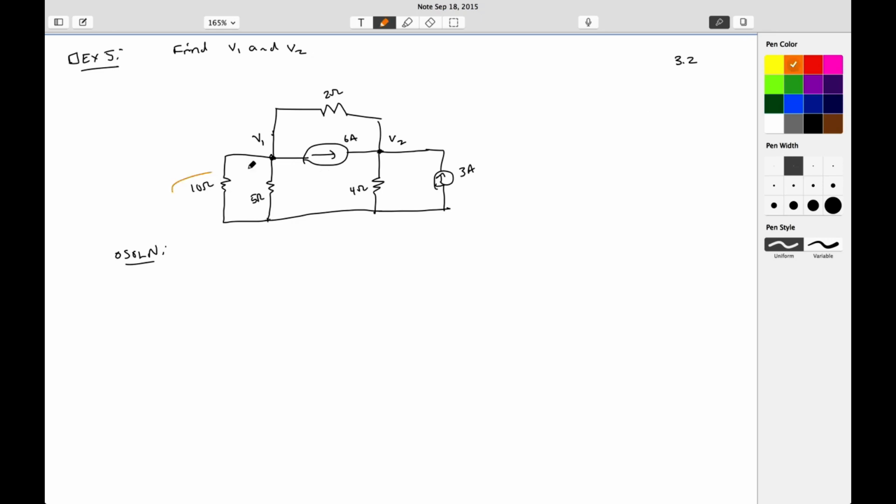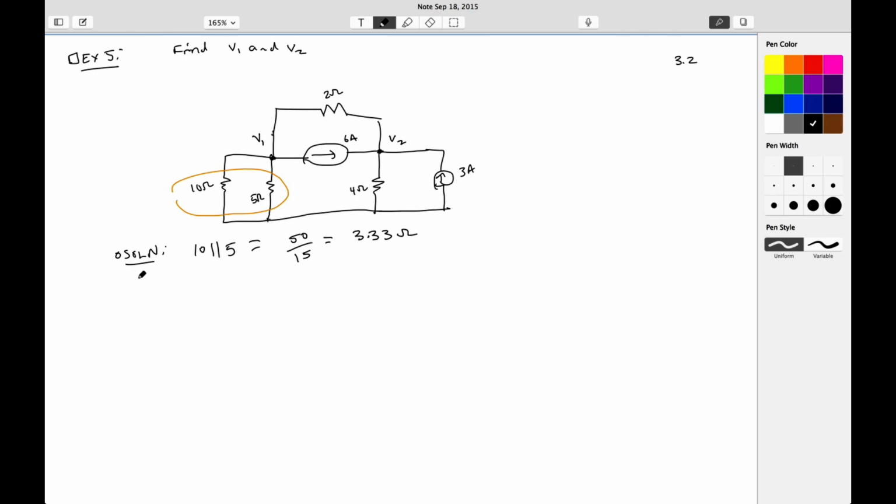All right, I have a couple options here. The first option is, of course, that I can put these in parallel, and that's probably a good idea. Let's say 10 is in parallel with 5, which means that I have 50 divided by 15, which is 3.33 ohms. Alternately, what we could do is not do this at all, and let there be currents that go through each of those.